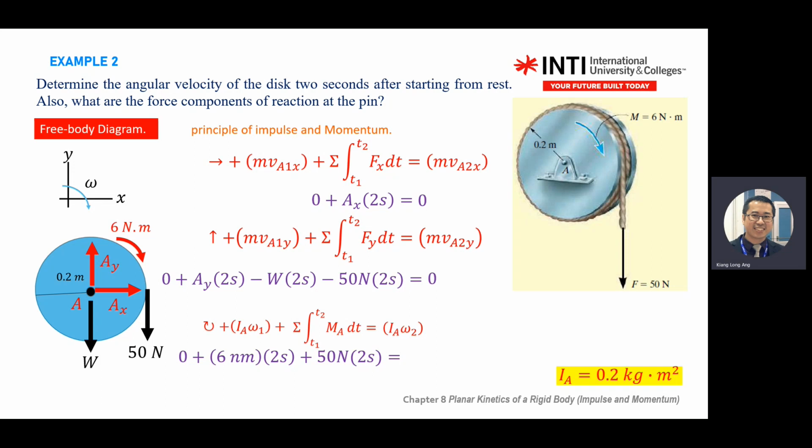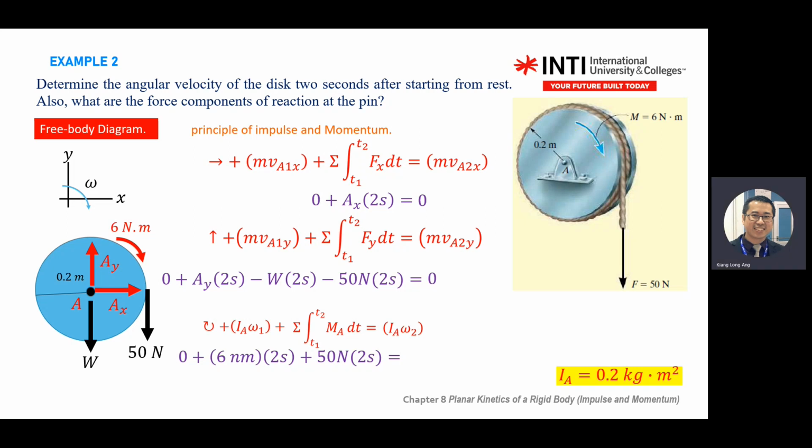I think something is wrong, my answer here is wrong. It should be 50 multiplied by 0.2 times the time. Here I'm calculating the moment, but what I wrote is not moment, it is force. How do I convert this force into moment? I need to multiply it by the radius to get the moment.